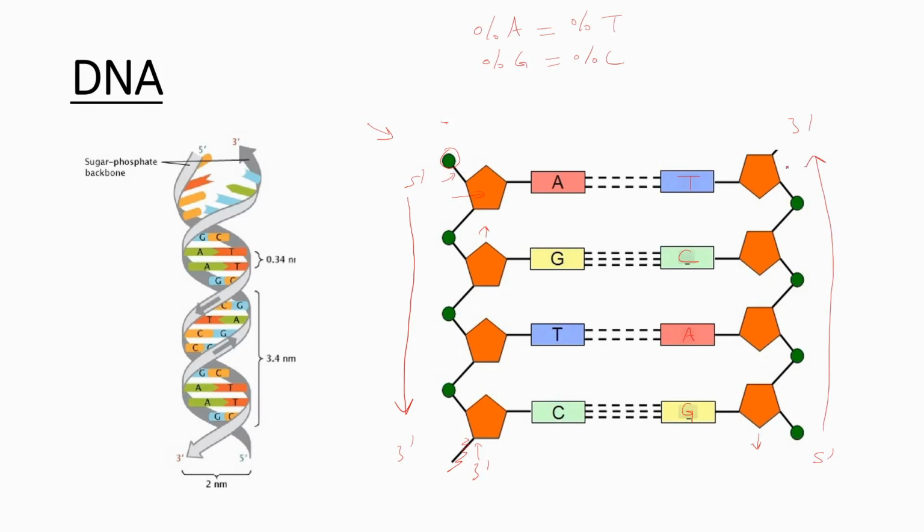So you can see the direction of the DNA strand on the left is in the opposite orientation to the direction of the DNA strand on the right. On the one on the left, it's going from 5' to 3' downwards. On the right, 5' to 3' upwards. This is called an antiparallel arrangement.